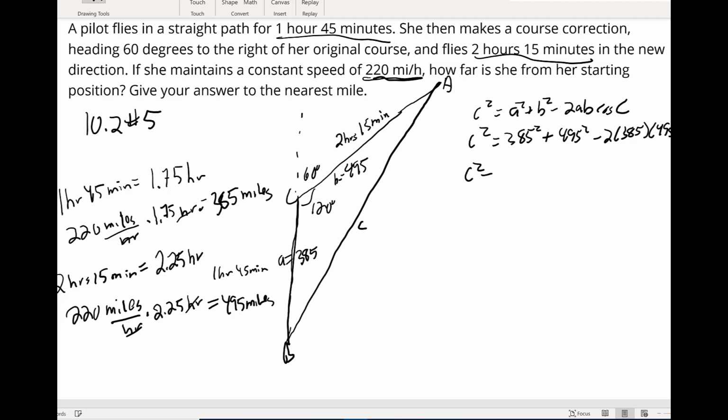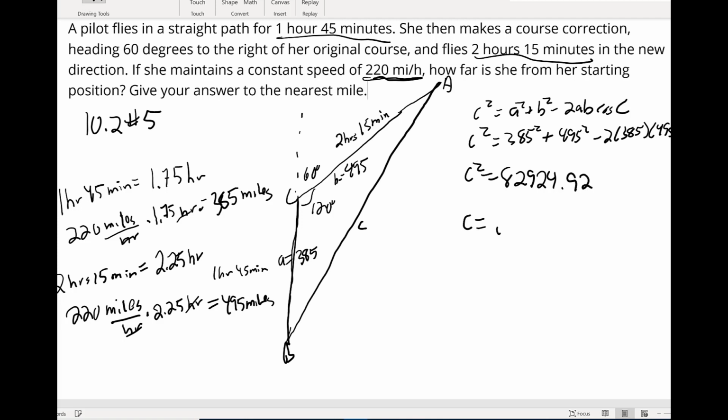So my c squared is going to be, and here I turn to the handy dandy calculator, 385 squared plus 495 squared minus 2 times 385 times 495 times cosine 120, which we all know because we memorize these values. I get 82924.92.